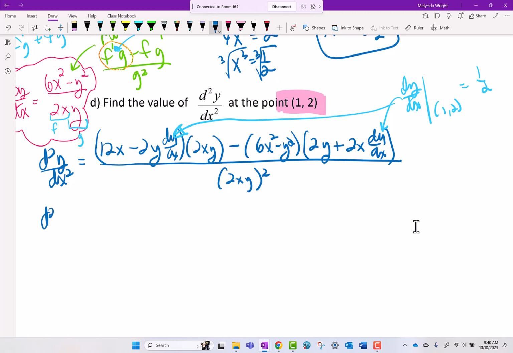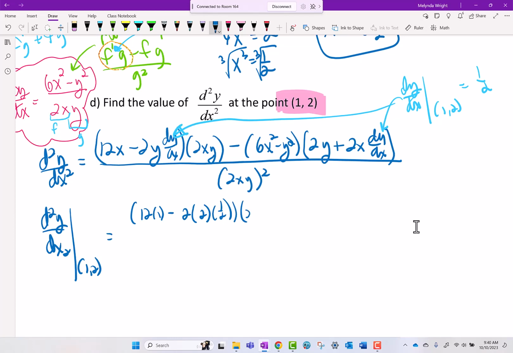So we're going to do d2y/dx2 at (1, 2) equals. So here we go. Let's start plugging in. So we've got 12 times 1 minus 2 times 2 times a half. I'm going to stop there. That's the first parenthesis.